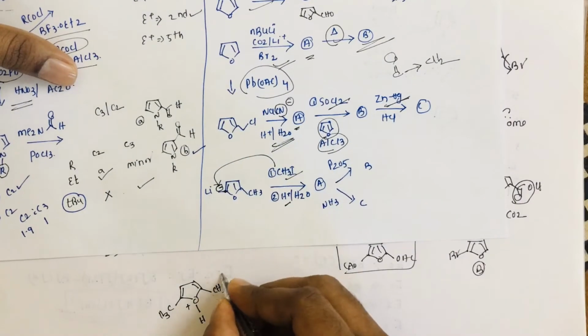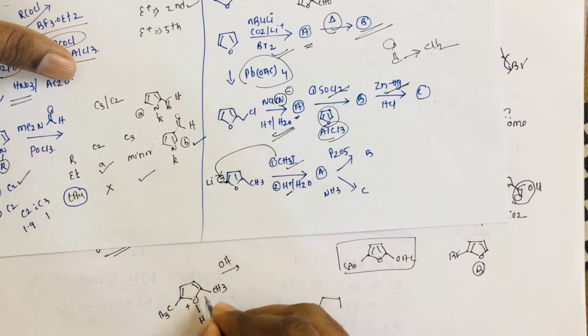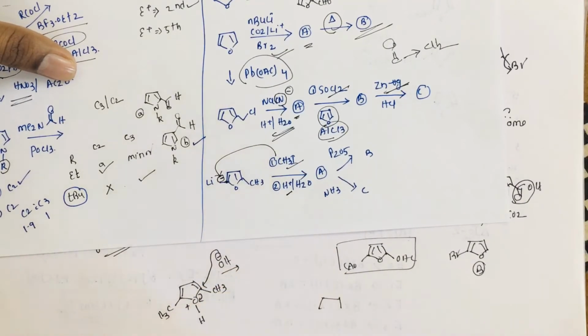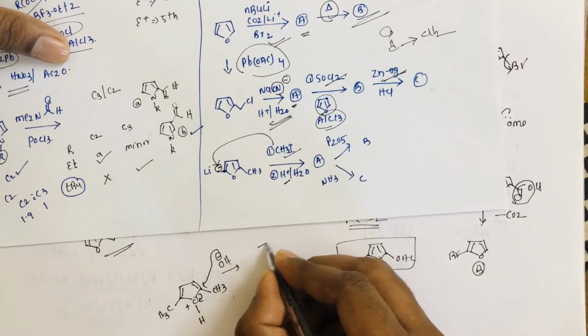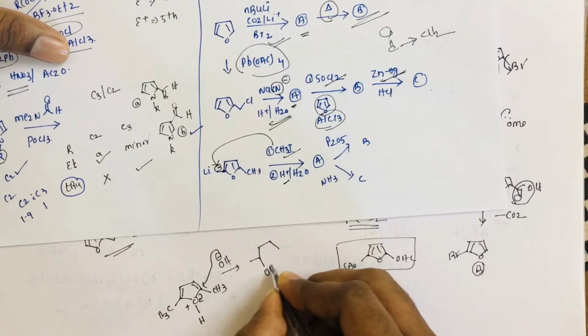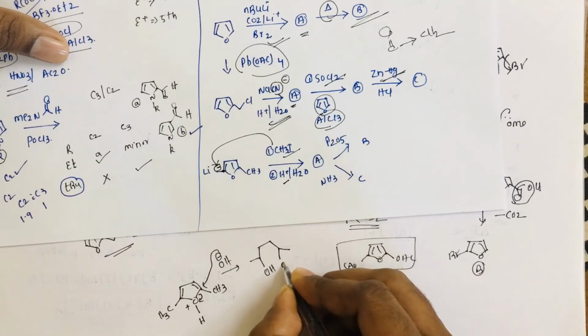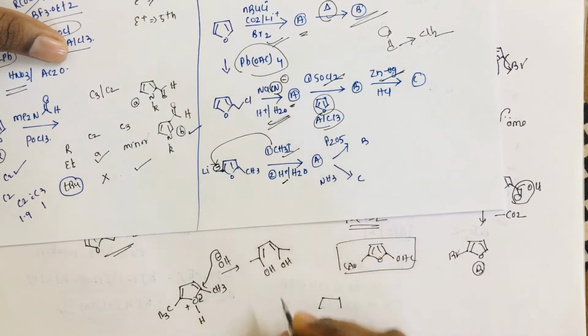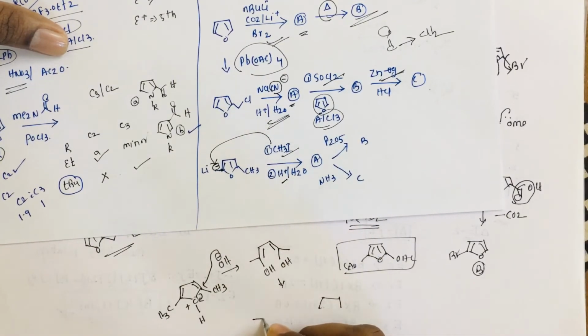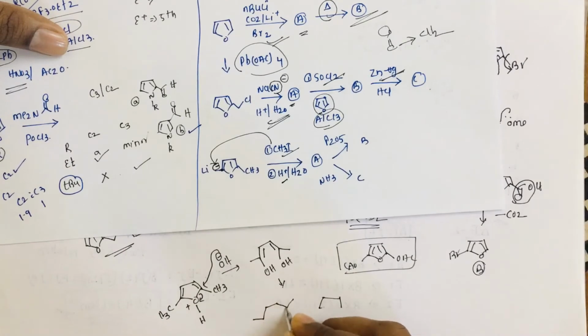Now the ring gets opened here, and the O minus attacks this carbon, and now the product we'll get here is this OH, this OH. So this is the enol form, it gets converted into the keto form in order to get stabilized.